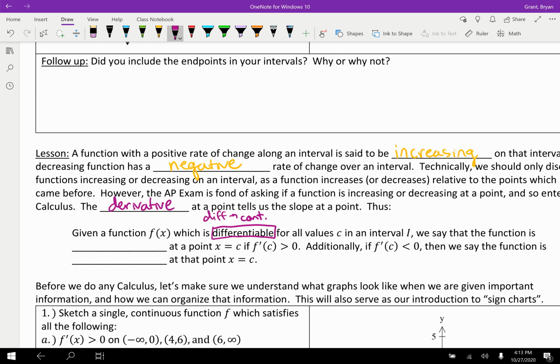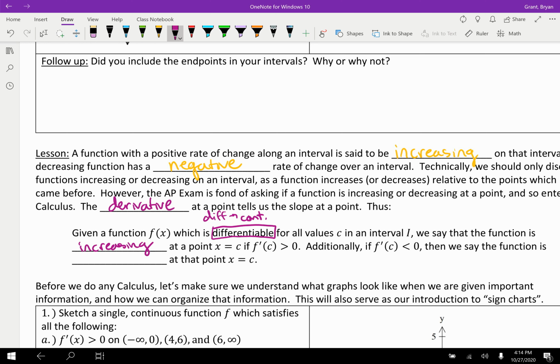So given a function f of x which is differentiable for all values c on some interval, then we say that the function is increasing at a point x equals c if f prime of c, so the derivative evaluated at that point, is greater than 0. And that should make sense because the derivative measures the slope of a function at a specific point, and if your slope is a positive number, that means your function has a positive slope and therefore increasing.